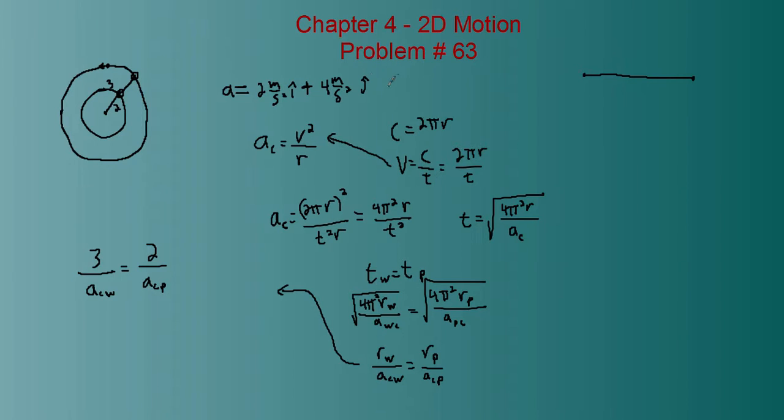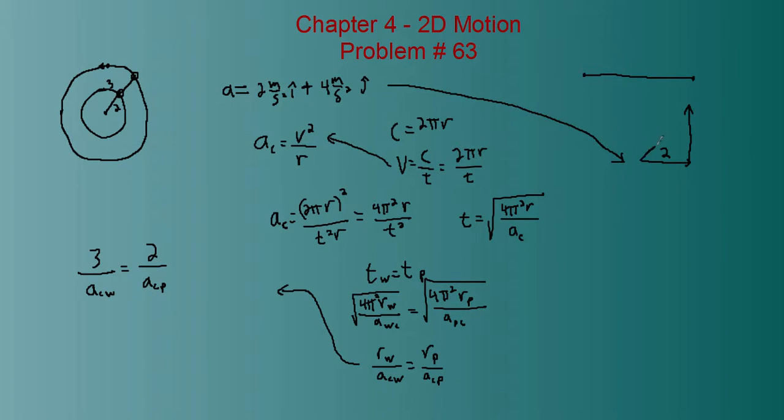So let's turn this into just the actual centripetal acceleration. And what is that? Well, we have 2 in the positive x direction and 4 in the positive y direction.